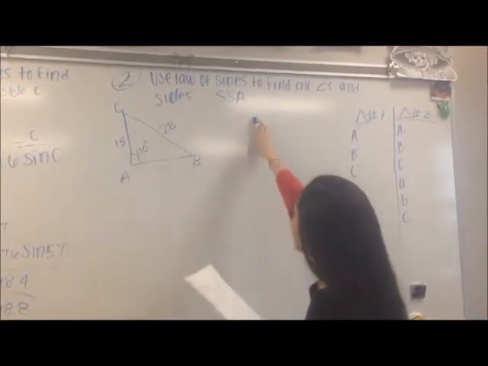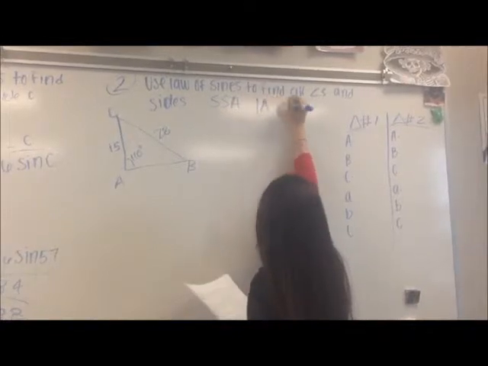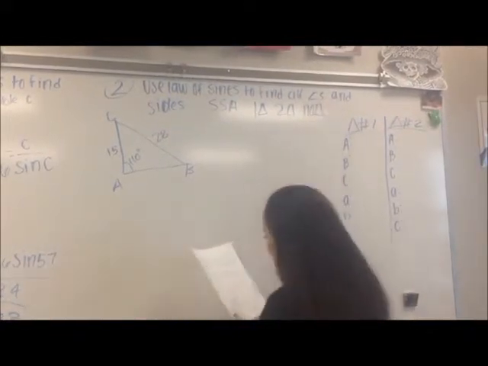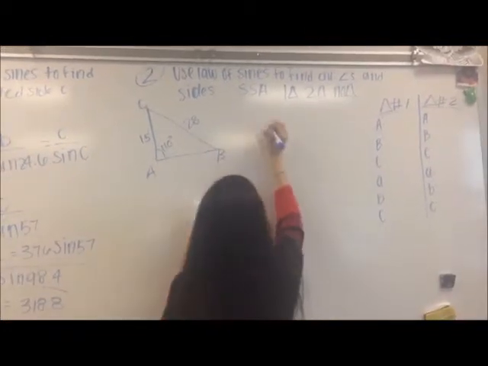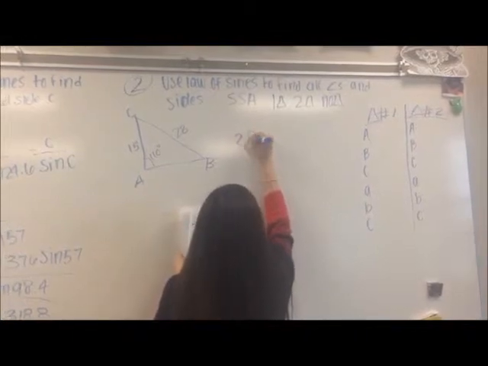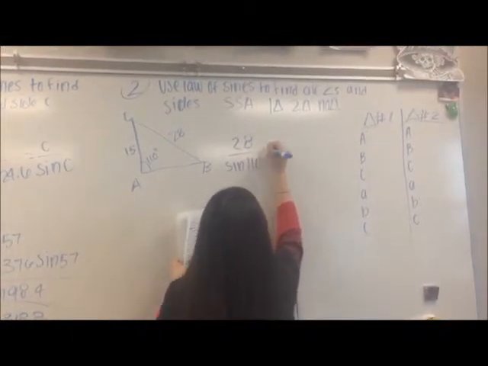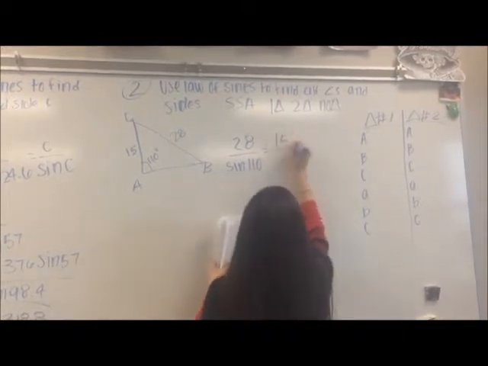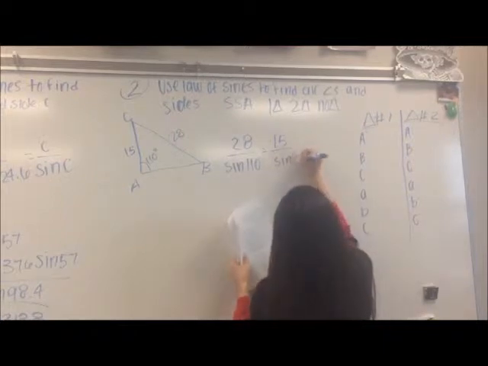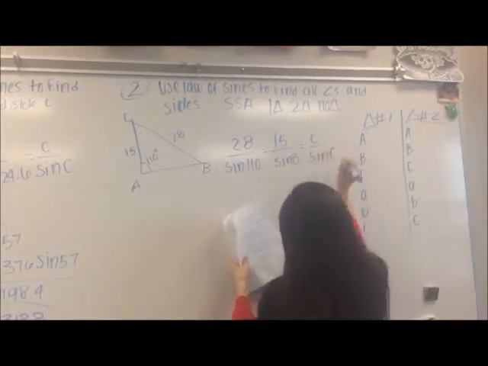Okay, for this one we're going to use the law of sines to find all angles and sides, and this triangle is side-side-angle. With side-side-angle, there's a possibility of having one triangle, two triangles, or no triangle. Okay, so we're going to fill out our formula. It's going to be 28 over sine of 110, which is equal to 15 over sine of b, equal to c over sine of c.